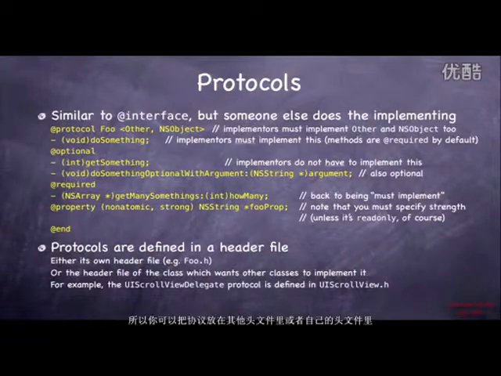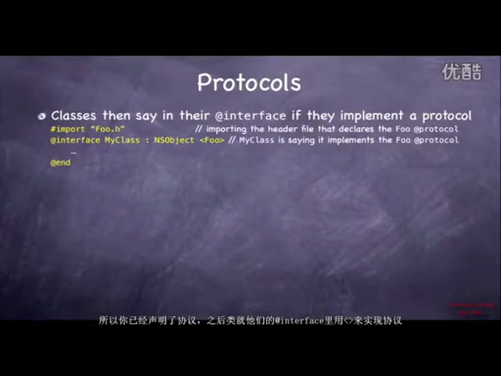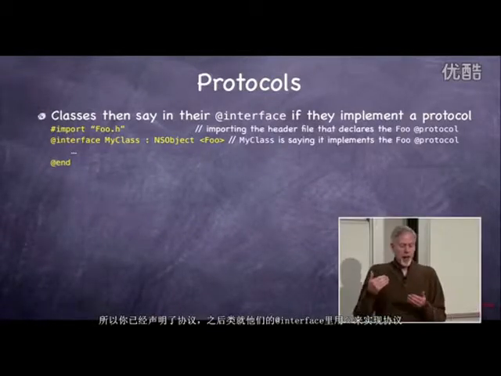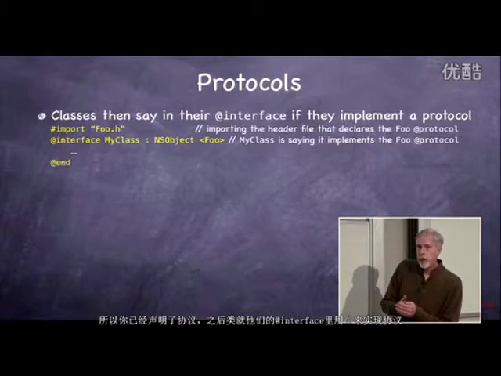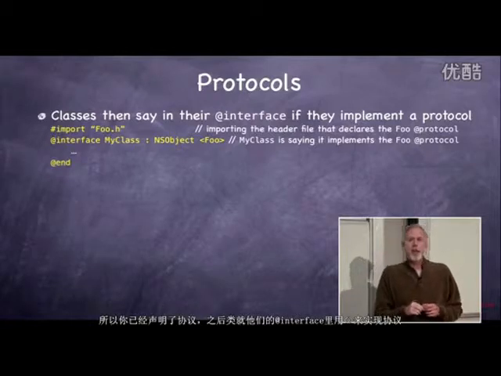Okay, so you can put a protocol in another class's header file, at the top or at the bottom, wherever, and you can also put it in its own. It totally doesn't matter. So you've got a protocol declared somewhere. Classes then say that they implement a protocol by using the angle bracket notation on the end of their @interface.